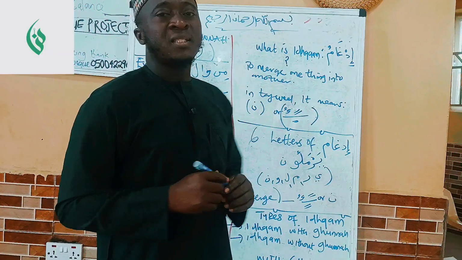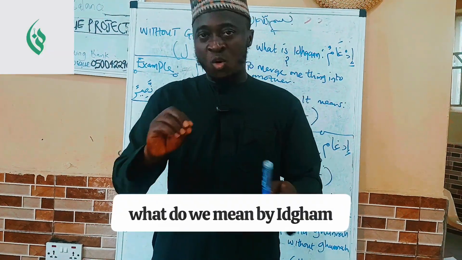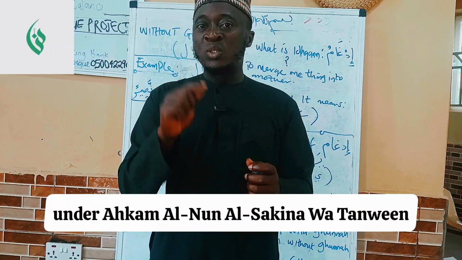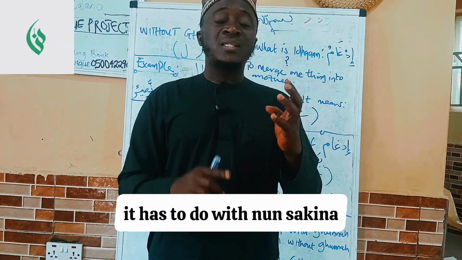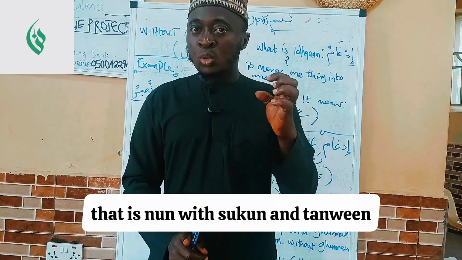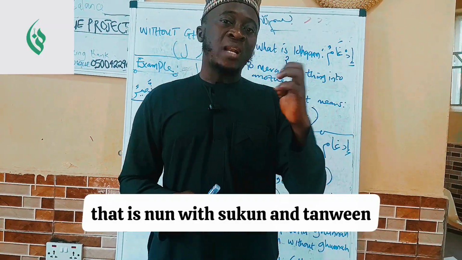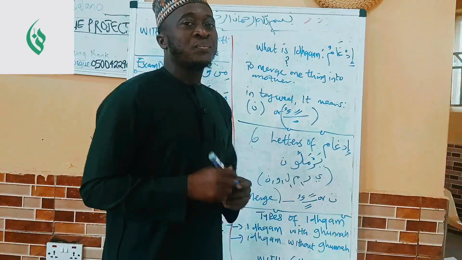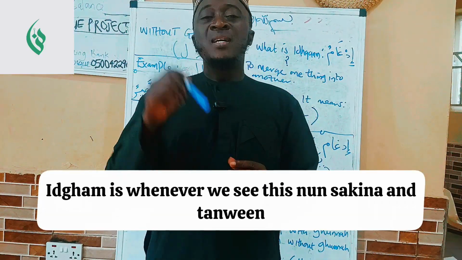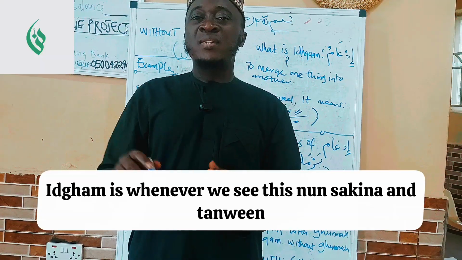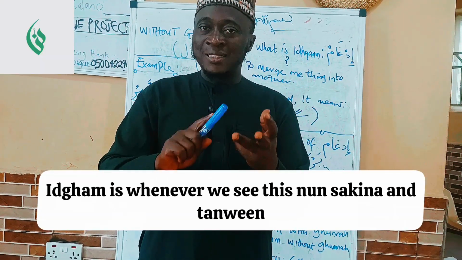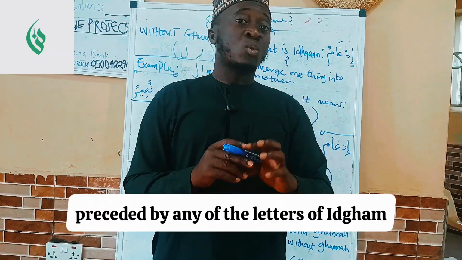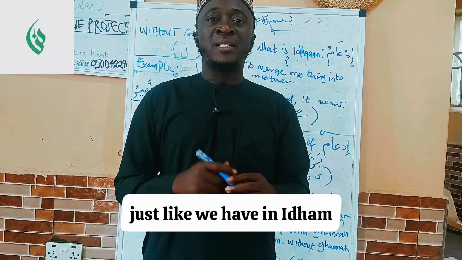Now in Tajweed, what do we mean by idgham? Under Ahkam Nun Sakinah wa Tanween, it has to do with Nun Sakinah, that is Nun with Sukun, and Tanween, which is Fathatan, Kasratan, and Dammatan. Idghām is whenever we see this Nun Sakinah and Tanween followed by any of the letters of Idghām, just like we have in Izhar.